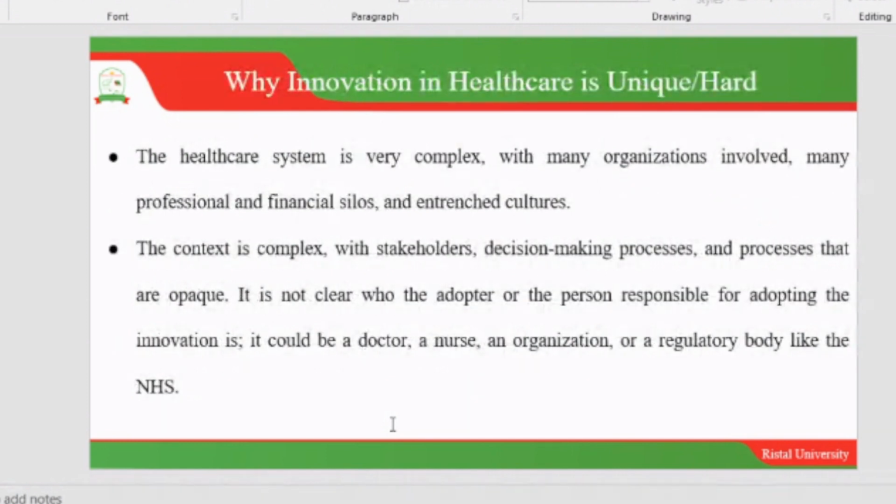That is well explained. So we had said earlier on that innovation in healthcare is unique, or you can say it is hard in a way, and this is because the healthcare system is a bit complex. It is not as straightforward or as clear as the other fields in which we aspire to innovate in.